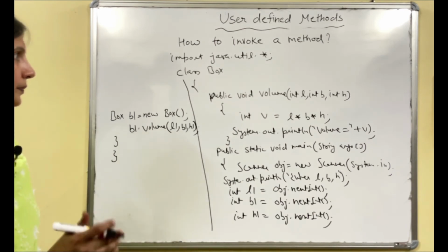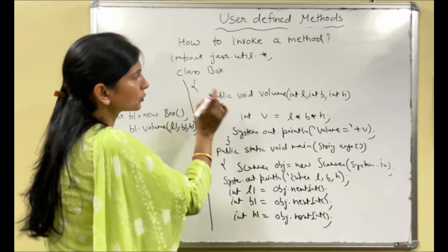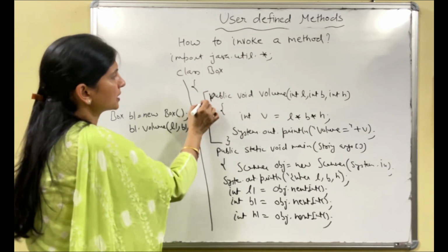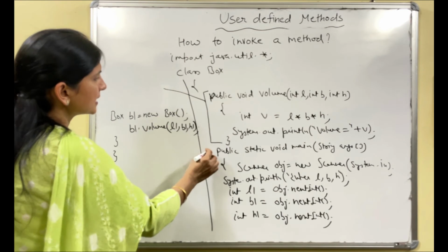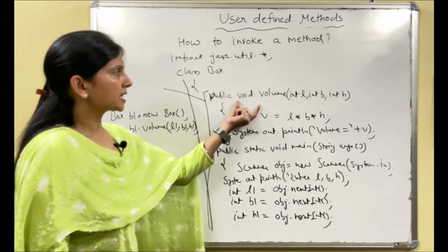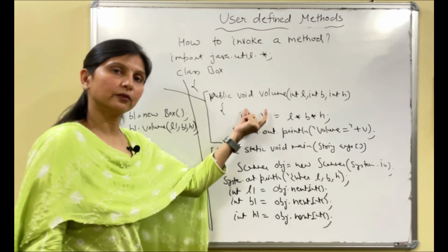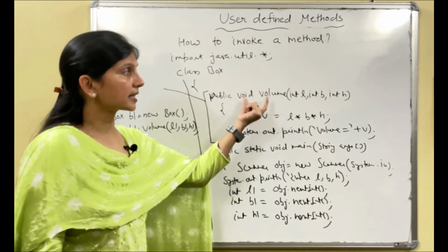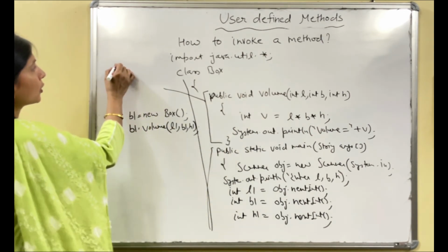So now see, there are 2 functions. First is this user defined function volume and another is this main method. Now this function is being invoked, this function is being called, that's why we call it the called function.